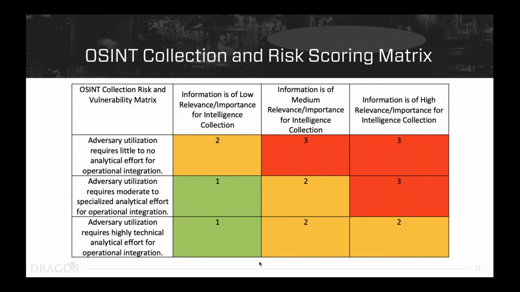It is a quick method, though there is a little bit of analytical rigor required to prevent mirroring bias, especially in the categories of adversary utilization and how much analytical effort it requires for data to be actually operationalized. Next slide.